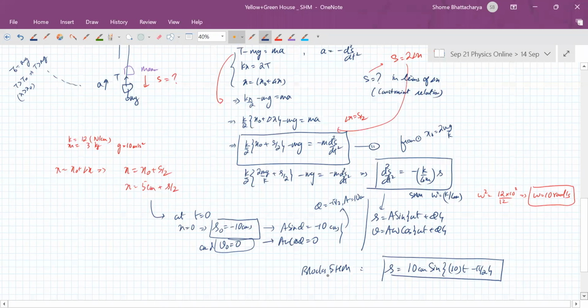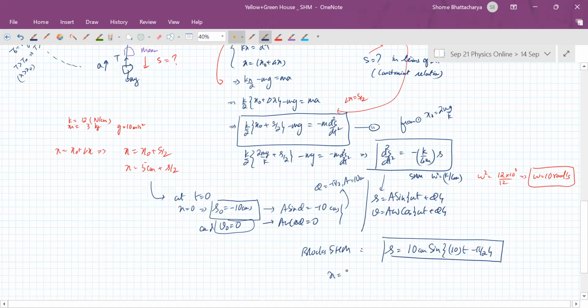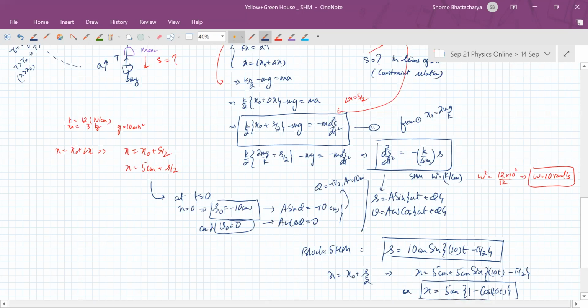And it is also telling me that x as a function of time is x naught plus s by 2. So x is equal to 5 plus 5 sine(10t minus pi by 2), or x as a function of time can also be written like this: 5 into (1 minus cos omega t).